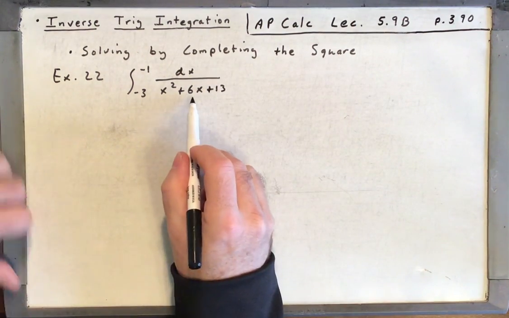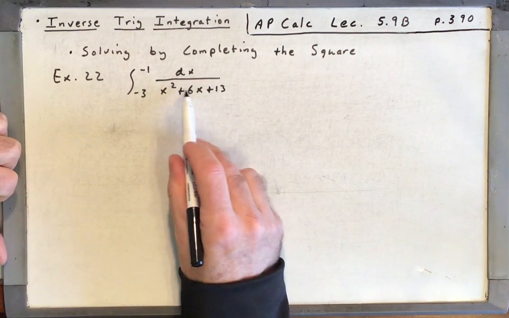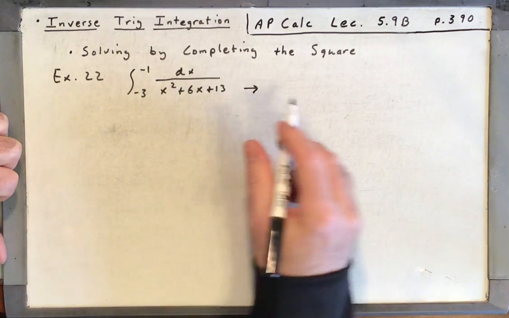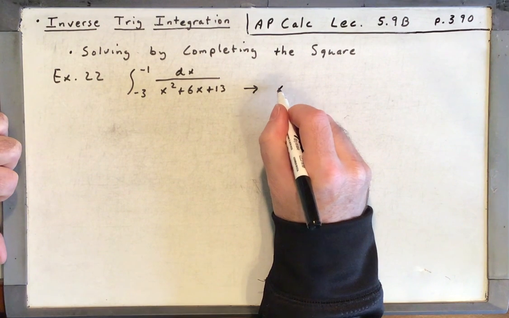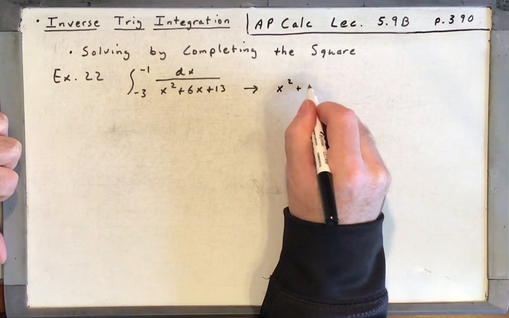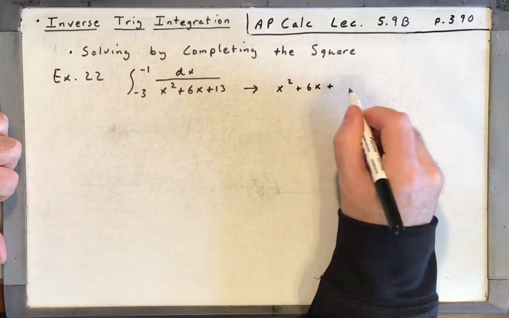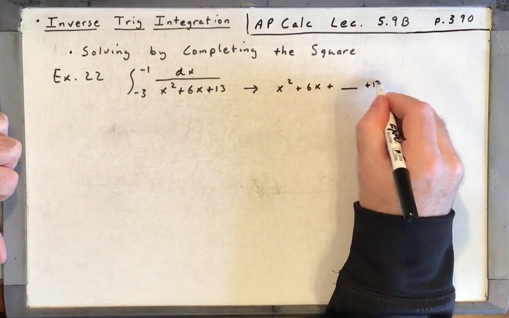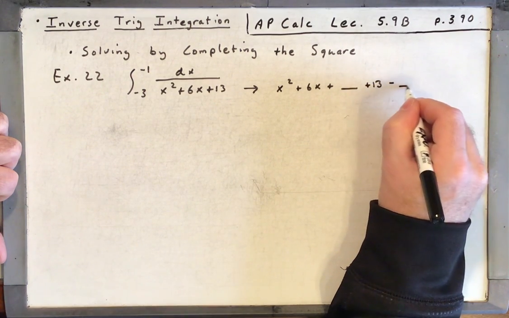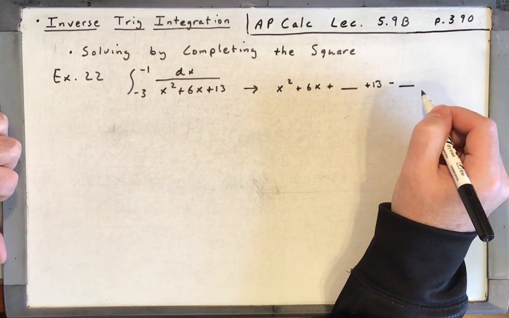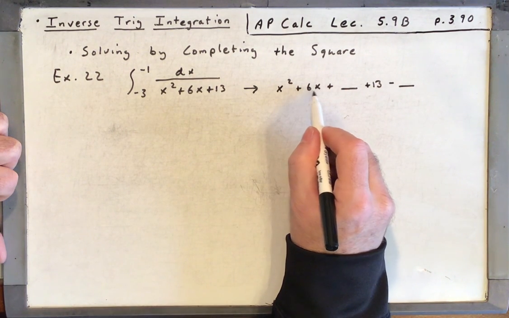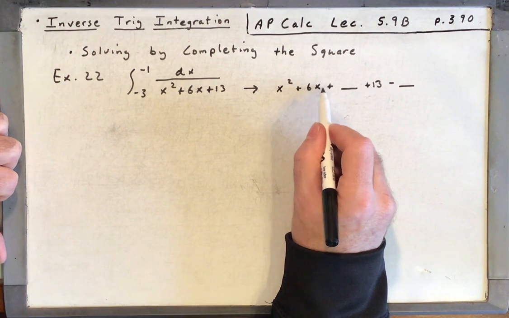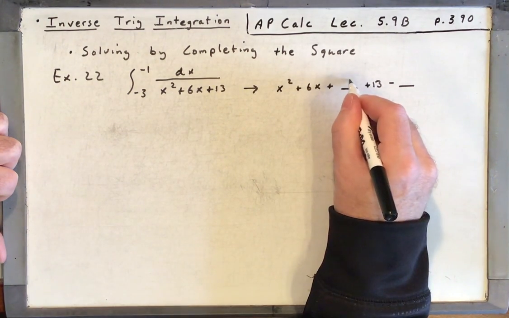All right, well that doesn't match any of our patterns on our sheet, but maybe we could rewrite this by completing the square into two square terms. So to complete the square, it's x squared plus 6x plus, and then just put a blank, and then plus 13, and then minus whatever we put in the blank. What you put in the blank here to make a perfect square is you take half the coefficient in front of x, so that's 3, and square it.